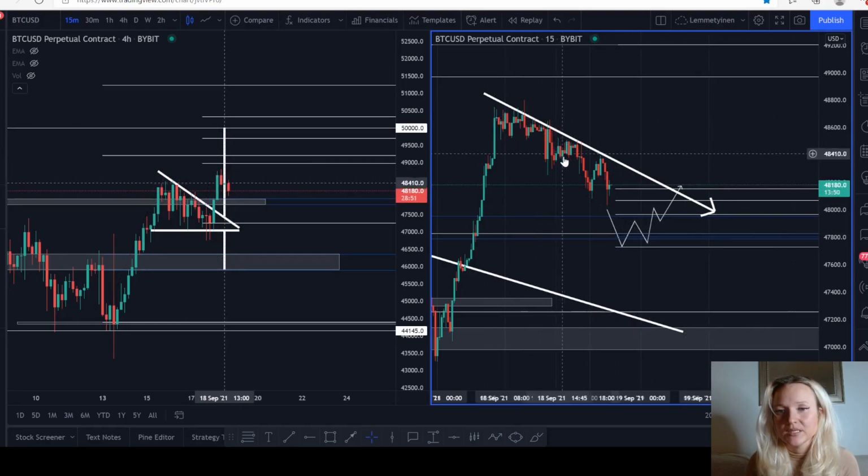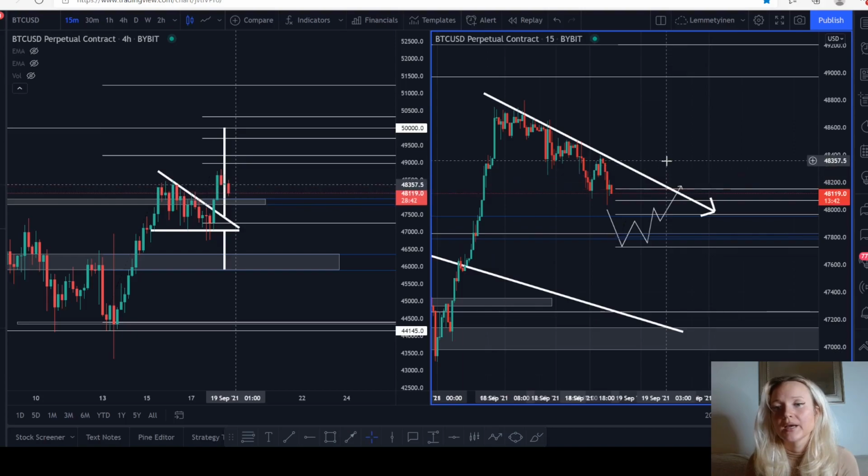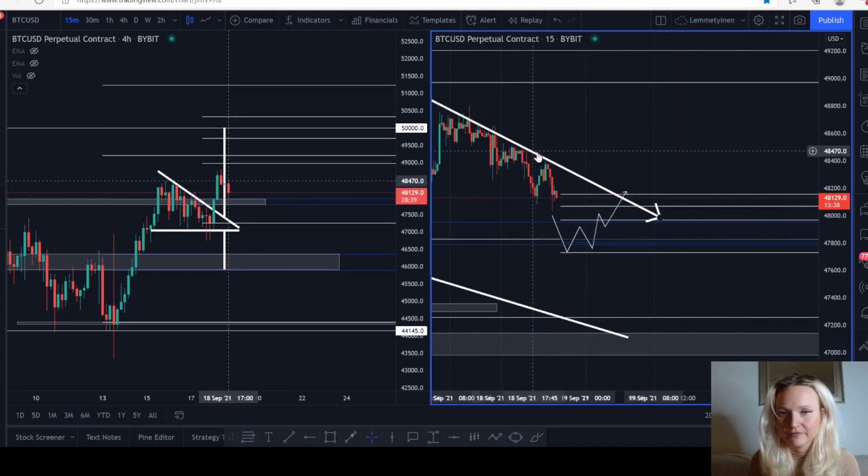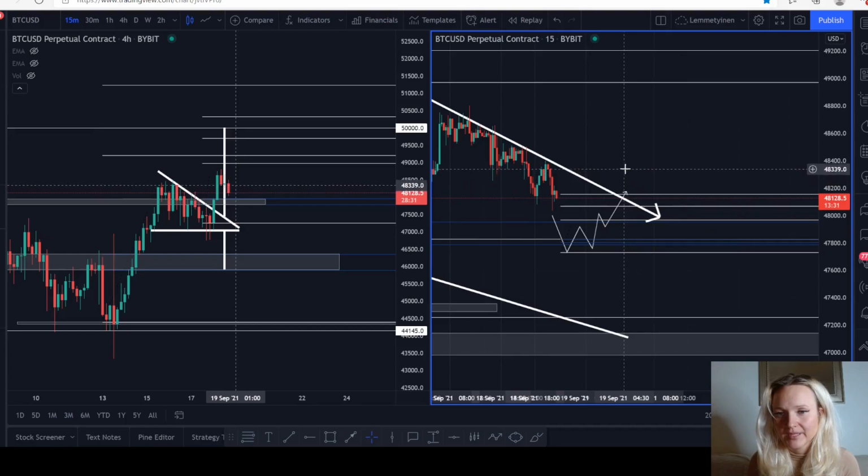So what I need to see is that when this downtrend is over, I want to see the market starting to do higher highs and higher lows. So maybe we do have to break this trend line. If the market comes back down, maybe I need to find my entry after I see that the market is breaking the previous lower high.